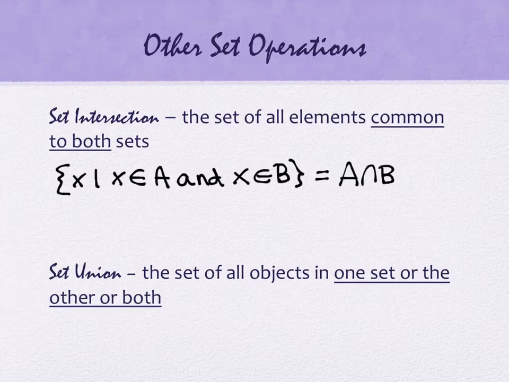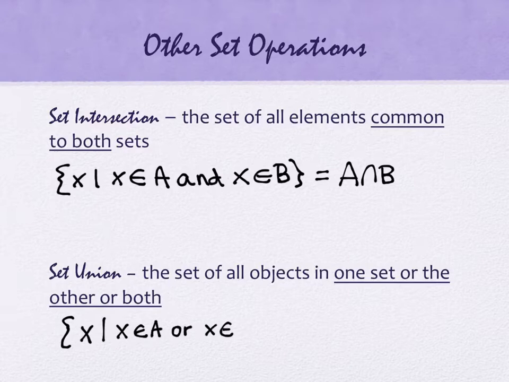A union. A union of two sets is a collection of objects that's in one set or the other set or both. So, let me write my math lingo and then I'll give you a concrete example. X such that X is an element of A or X is an element of B. And in math, when we use or, at least for what we're doing right now, it's not an exclusive or.